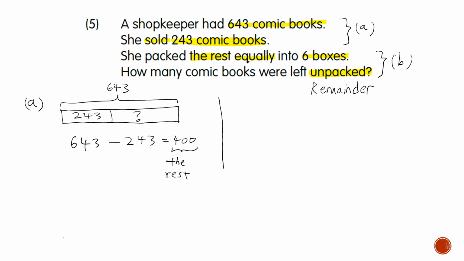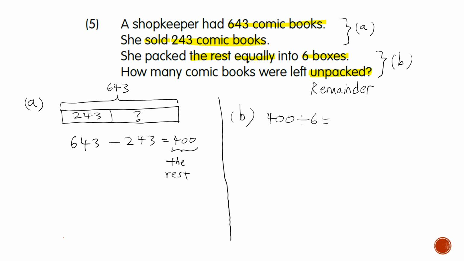I just split the page into half so it's easier. Now we've already done part A, so we do part B. The rest have been packed equally into 6 boxes. So we take 400 divided by 6, and we can tell right away that it's not going to pack equally. There will be some leftovers.